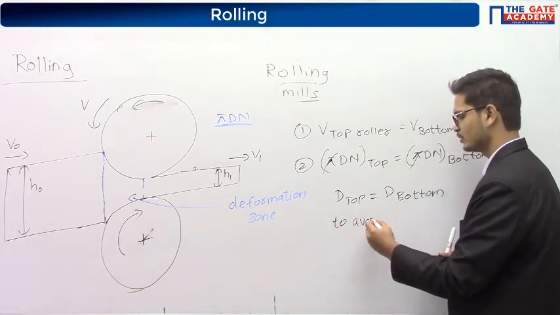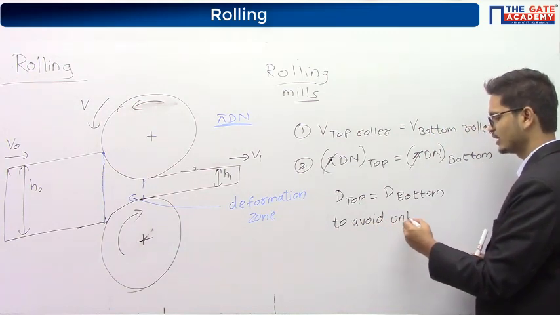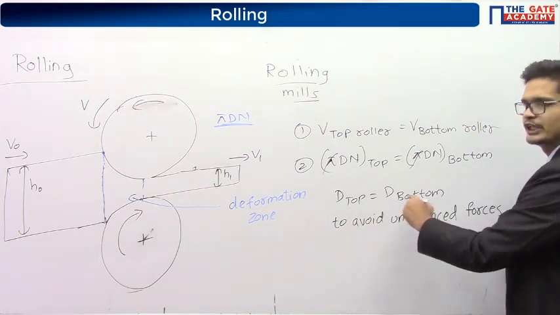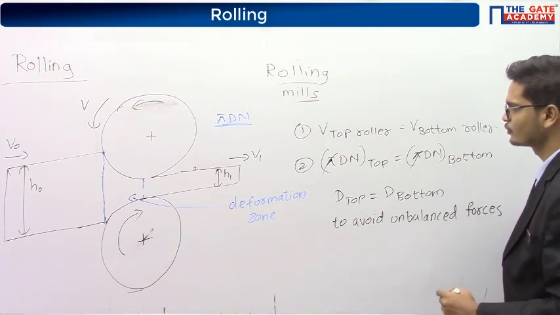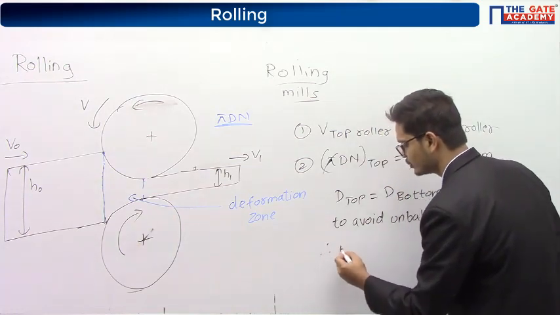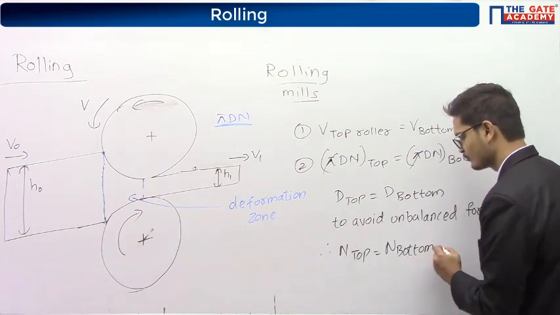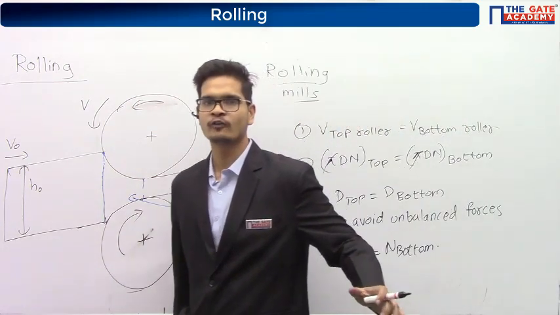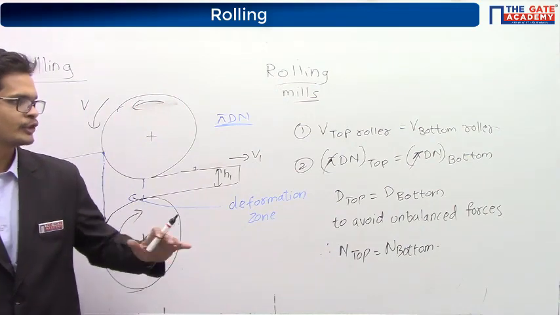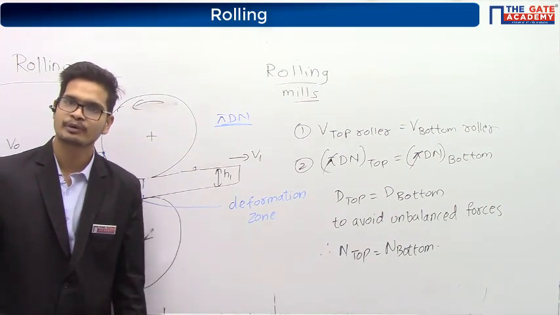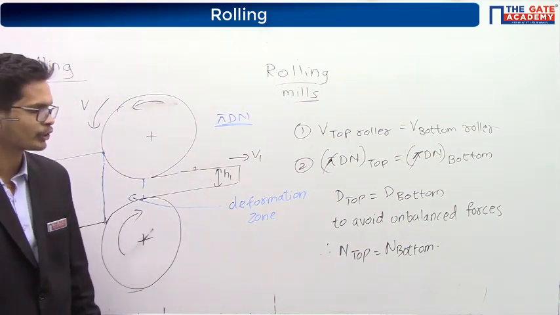Therefore, N top is equal to N bottom. That is, the RPM of the top roller will be equal to the RPM of the bottom roller.